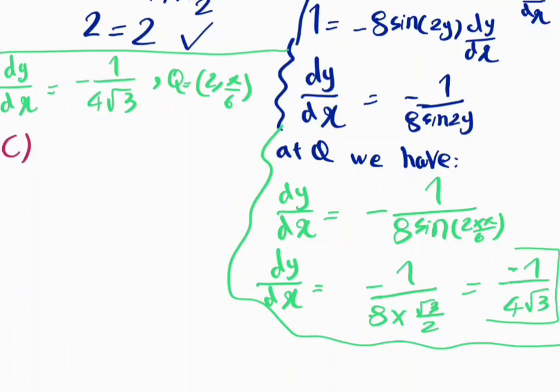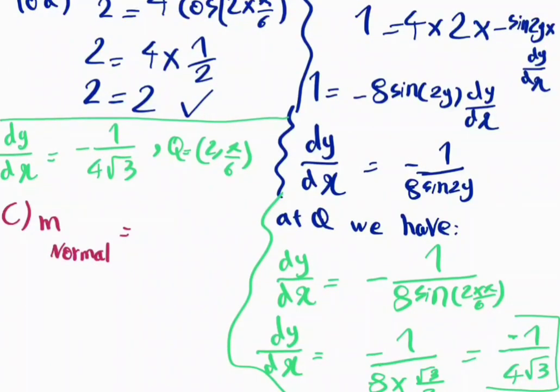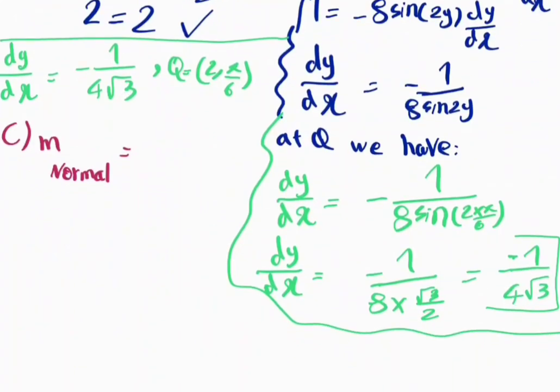is the negative reciprocal of the gradient of the tangent, from chapter 5 of Pure 1. So the gradient of the normal, m as usual, is equal to: the gradient dy by dx is minus 1 over 4 root 3, and the negative reciprocal of this is just 4 root 3.